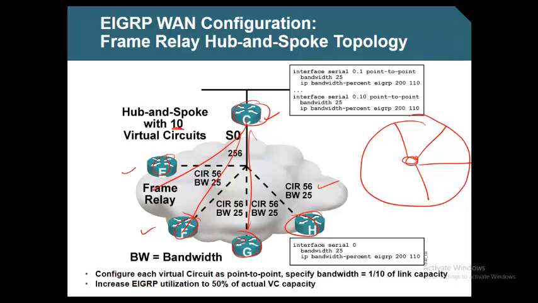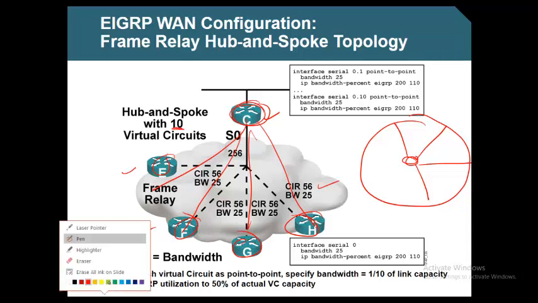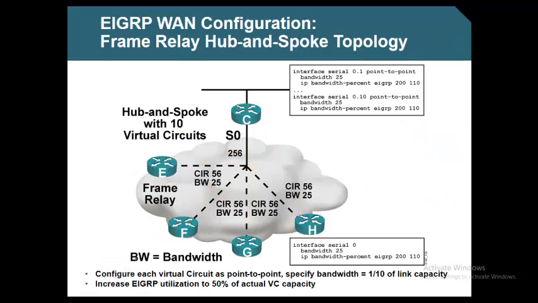You can say like that. And on the hub router, this 25 multiplied by 10, because you need to talk to 10 guys. So 250 or 256, you can say.